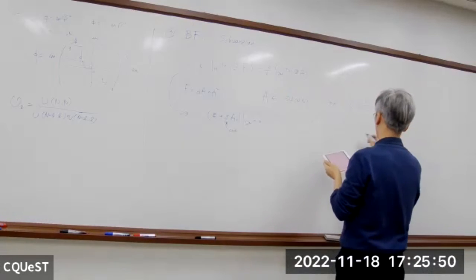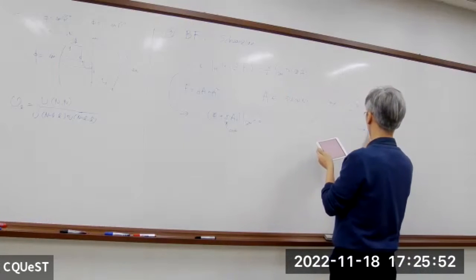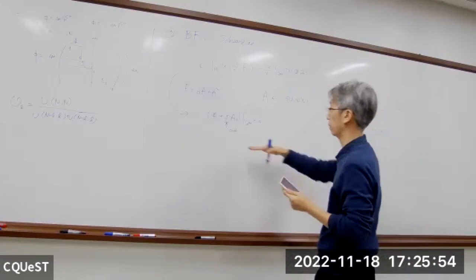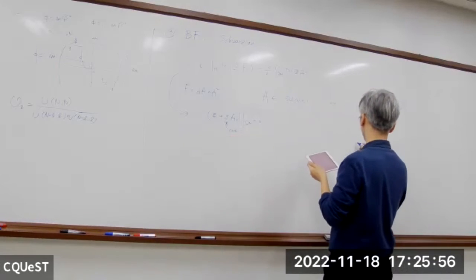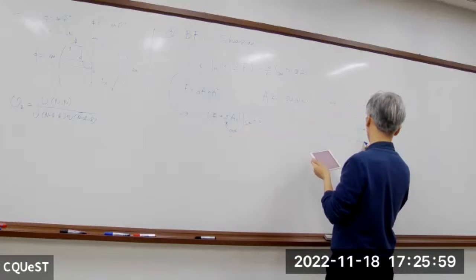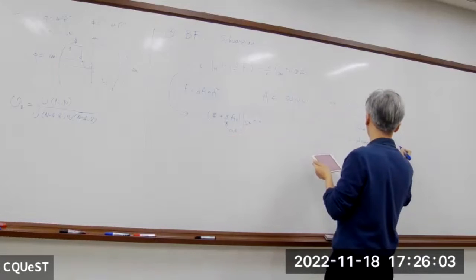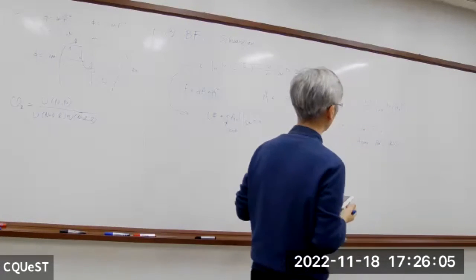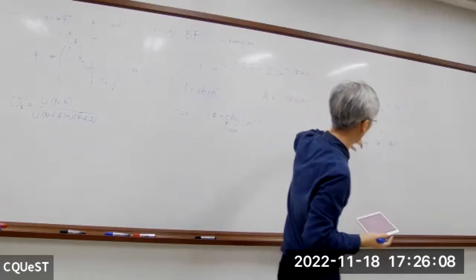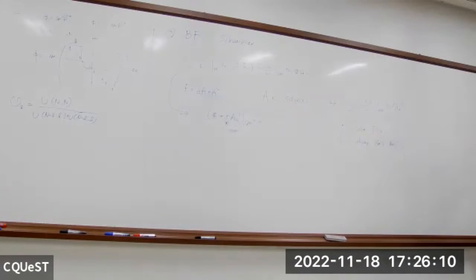We need to evaluate this by solving F equals 0, with the boundary condition together with the asymptotic AdS boundary condition. This is the typical thing, and if we do this, we obtain the Schwarzian theory. That's what people have done in recent times, and many other people.